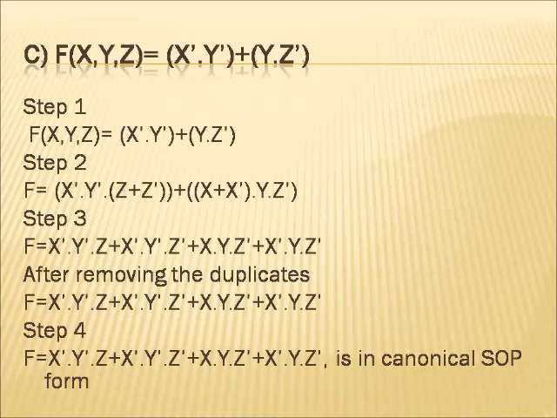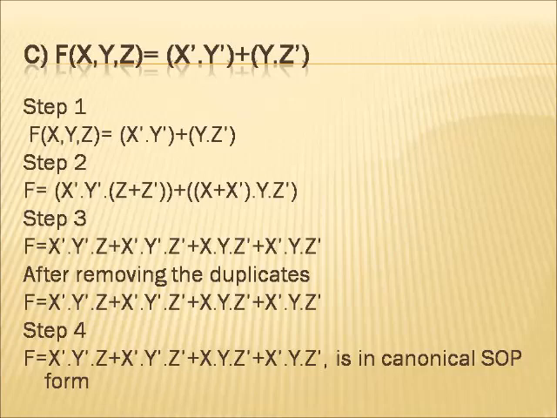So (x + x bar)·y·z bar. And in step 3, I am expanding that: x bar·y bar·z + x bar·y bar·z bar + x·y·z bar + x bar·y·z bar. So you have to see that expansion procedure, right?